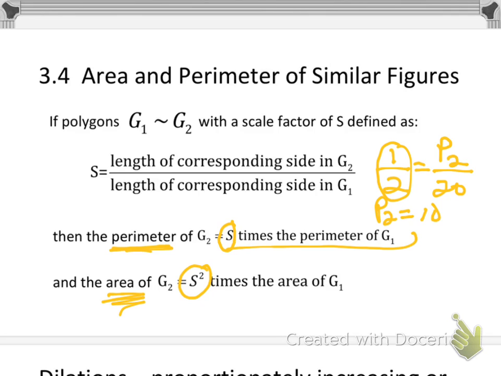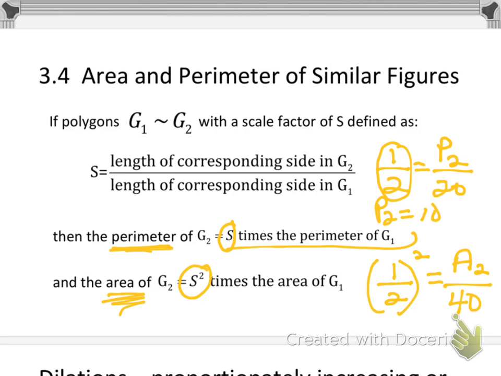The area, however, does not have the same scale factor. So you're going to take your scale factor and square it. If you have the area of 1, you're looking for area 2, and let's just say the area of 1 is 40.